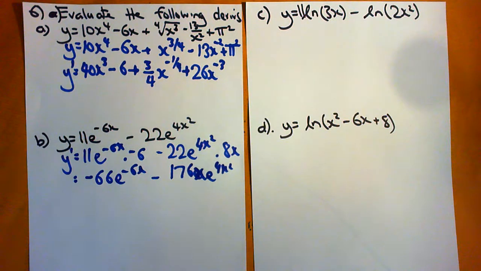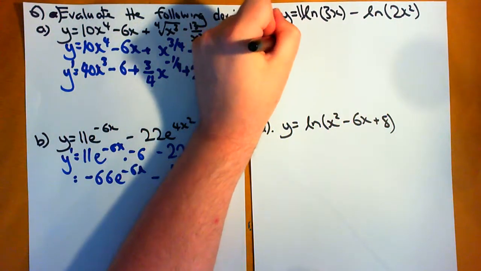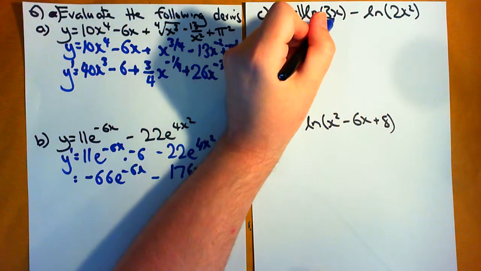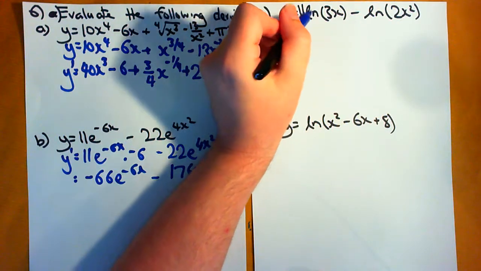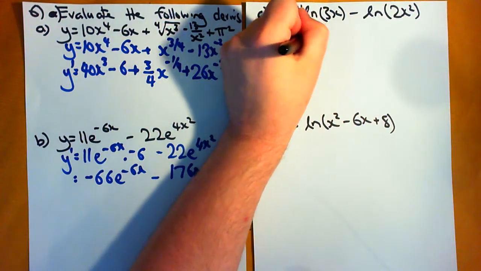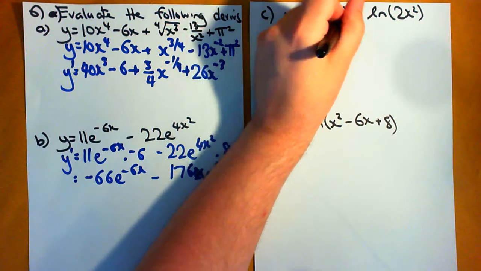Now we have some logarithms to differentiate. So 11 again is a multiplying constant here. Y dash is 11. Ln of x would differentiate to 1 over x. If we're going to use the chain rule, we get 1 over that bracket times the derivative of that bracket.